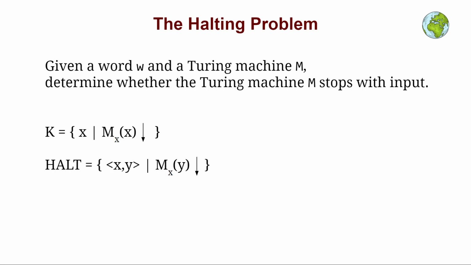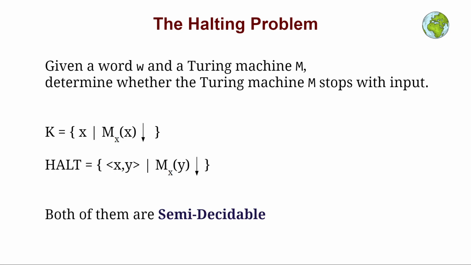More precisely, it is the set of naturals encoding pairs of naturals X, Y, such that the machine encoded by X stops with input Y. Here it is important to notice that X is the program that we have, the Turing machine X, and Y is the input on this Turing machine.